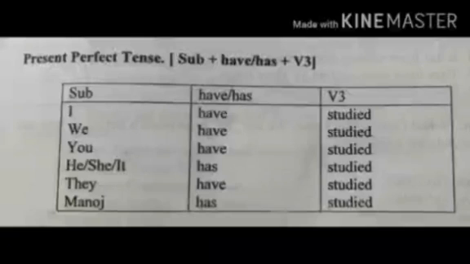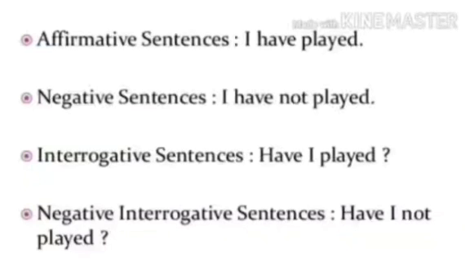For all these tenses, we will have affirmative sentences, negative sentences, interrogatives or negative interrogatives. Not only for present perfect, but also for simple present and present continuous. For example, what I am doing now: I am teaching tenses in homeschooling. The negative: I am not teaching homeschooling classes.